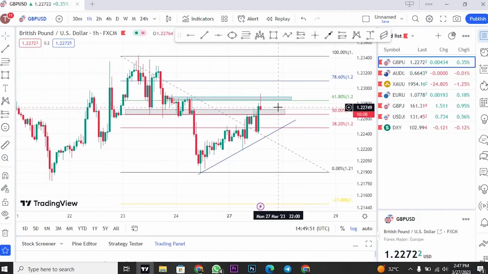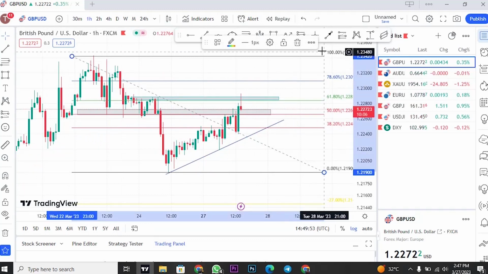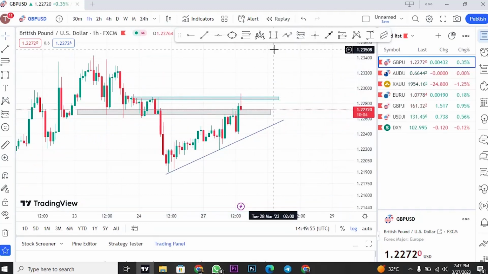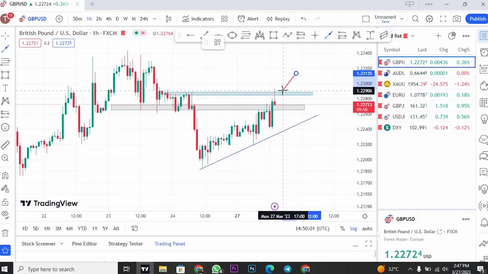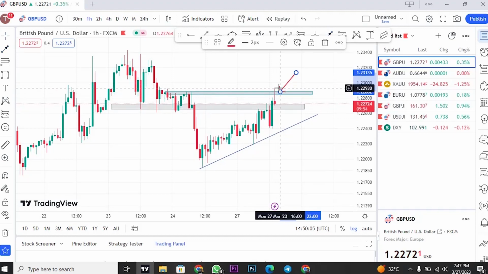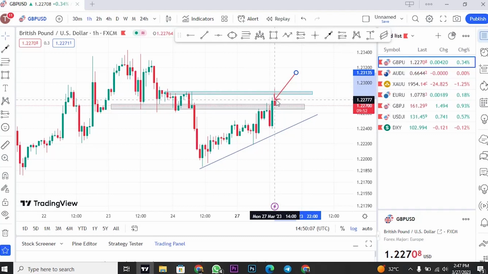Now you can see, let me take off my Fibonacci. Price is currently resisting the 61% retracement level and giving us a long wick rejection on it. So I'll wait for this candle to close.